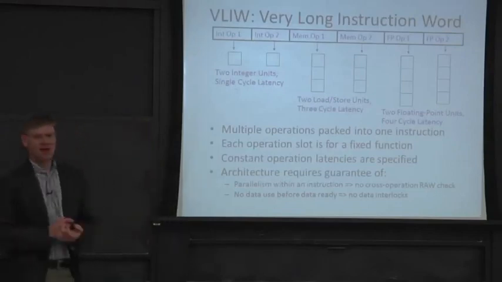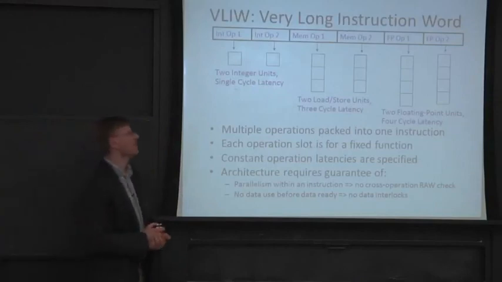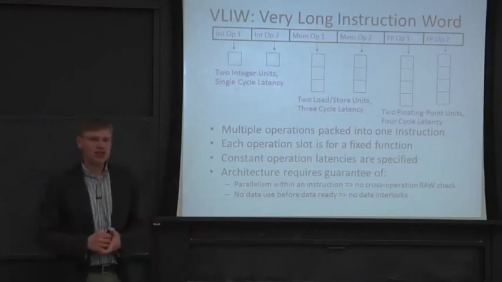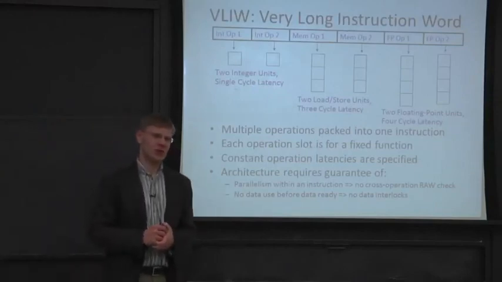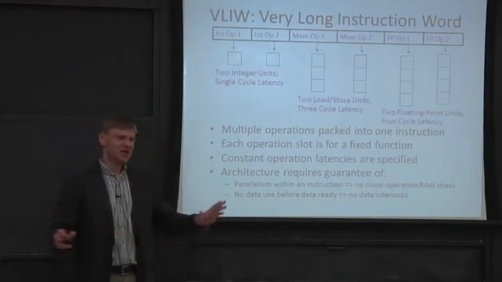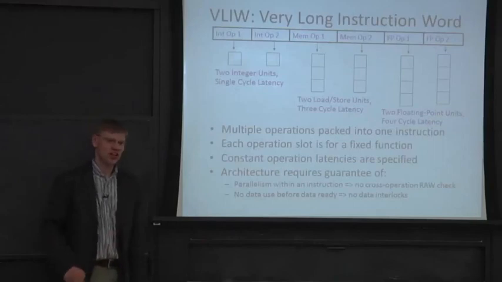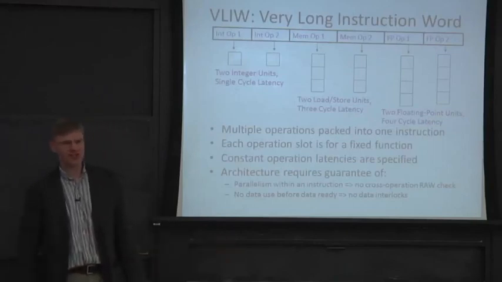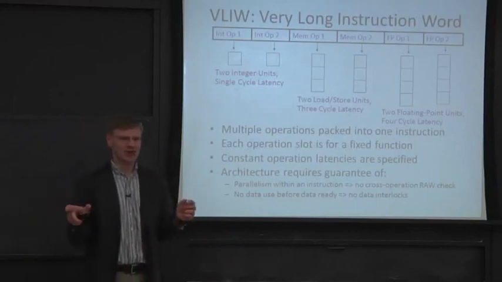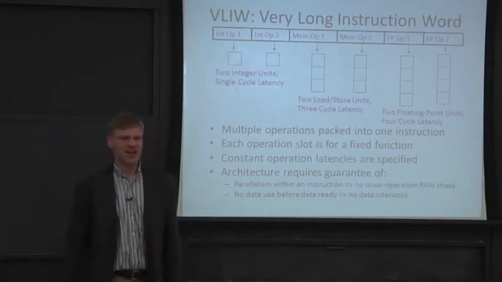Okay, where does the name come from? Let's start there. Well, these things were actually originally called long instruction word processors. The name kind of fell out of favor. At one point, people made a differentiation between long instruction word processors and very long instruction word processors, based on how many instructions were packed together.